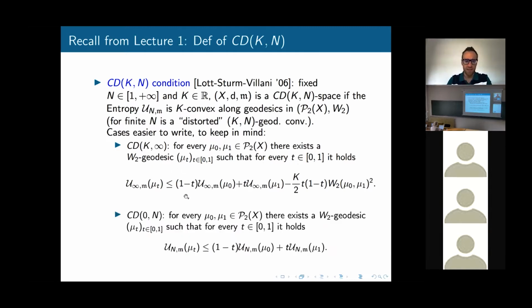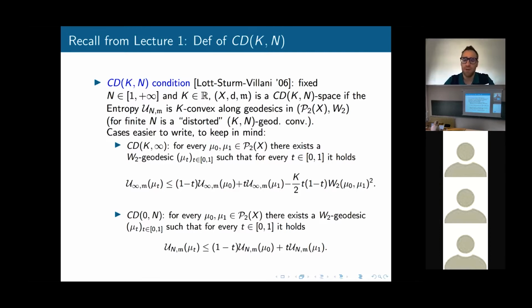In the finite dimensional case, when K is not 0, you have to be a bit more careful, and the convexity uses the so-called distortion coefficients, which for K positive involve the trigonometric functions, sine and cosine, and with K negative involve the hyperbolic trigonometric functions, hyperbolic sine and hyperbolic cosine.